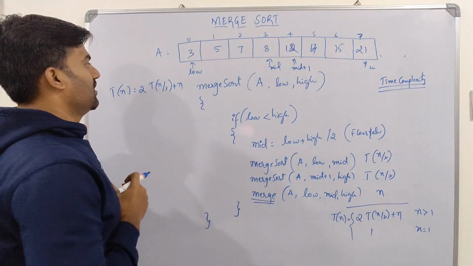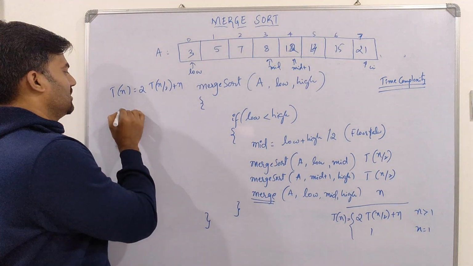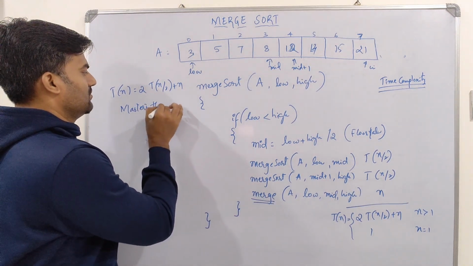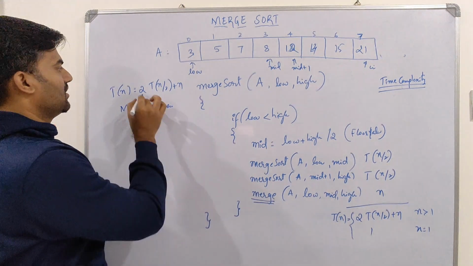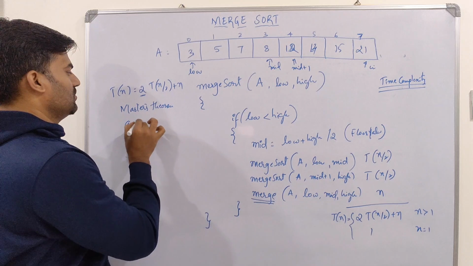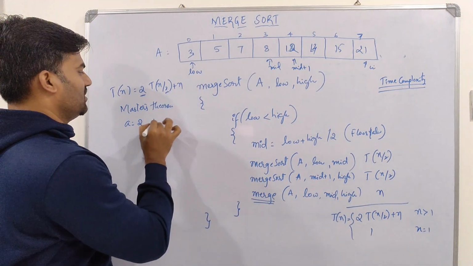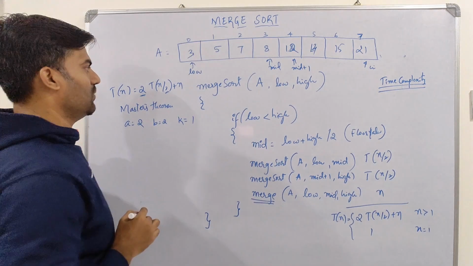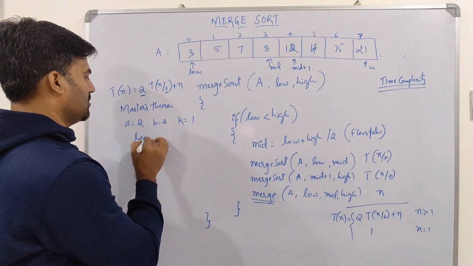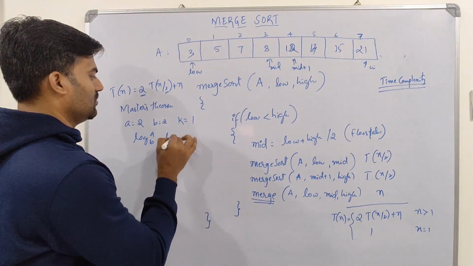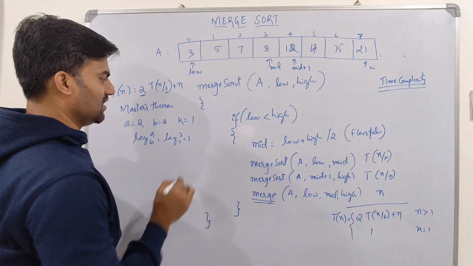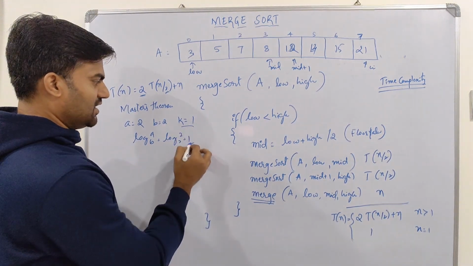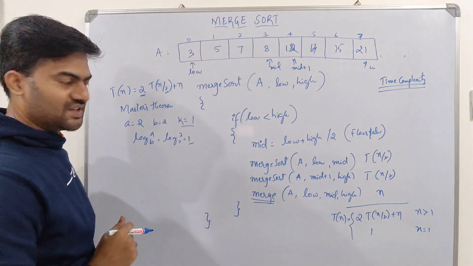So if we refer to Master's theorem, here a is equal to 2, b is equal to 2, and the value of k is 1. So log a to base b is equal to log 2 to base 2, which is 1, like k is equal to log a to the base b.